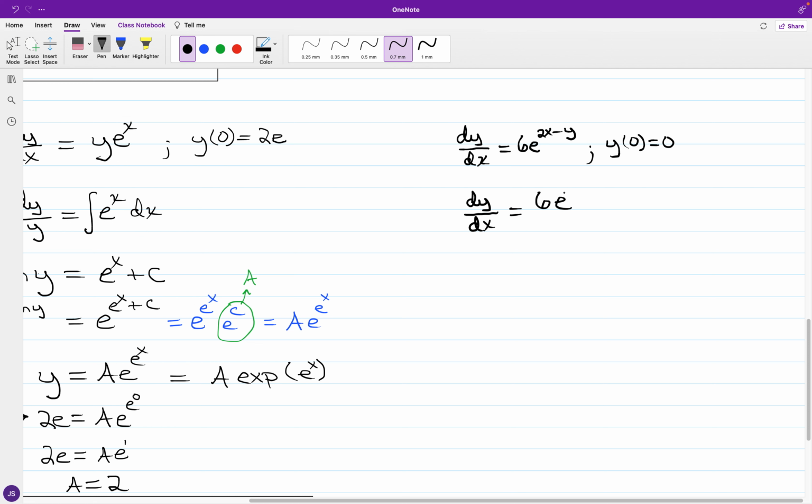We have 6 times e to the 2x, and for the e to the negative y part, that is going to be the multiplicative inverse of e to the y. And if we look at separating the variables, I can simultaneously multiply both sides of the equation by e to the y and also by dx.